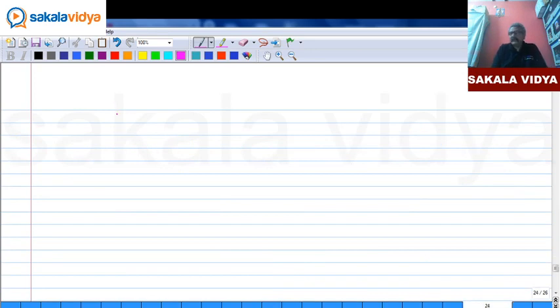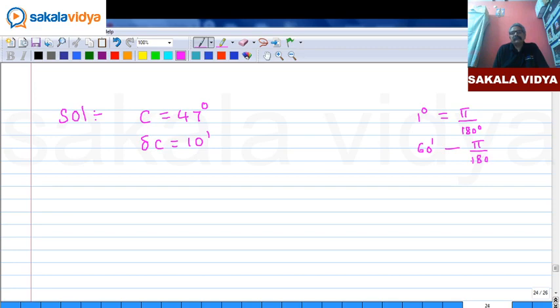So, now what is given actually in this problem? Solution. See, C is equal to 47 degrees, delta C is 10 minutes. 10 minutes means you need to change; 1 degree is equal to pi by 180 radians. 1 degree is equal to 60 minutes, so 60 minutes is equal to pi by 180 radians. 10 minutes is equal to how much? 10 by 60 into pi by 180.